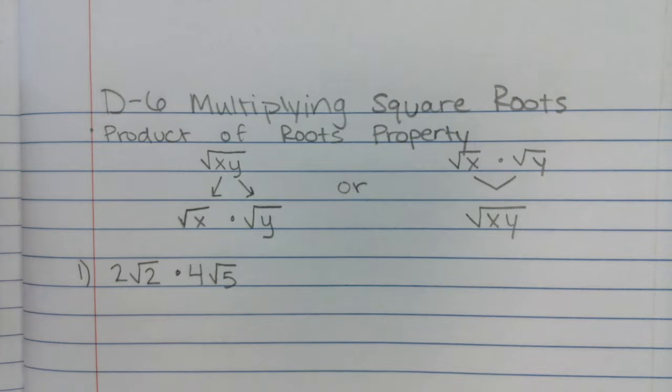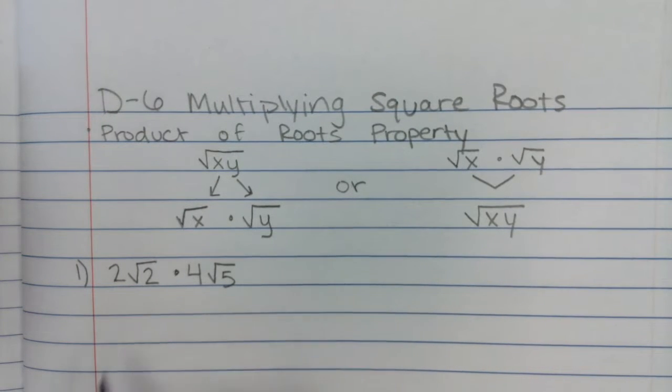When we multiply this, we want to multiply our coefficients together and our square roots together. So which parts are our square roots? We have the square root of 2 times the square root of what? 5.